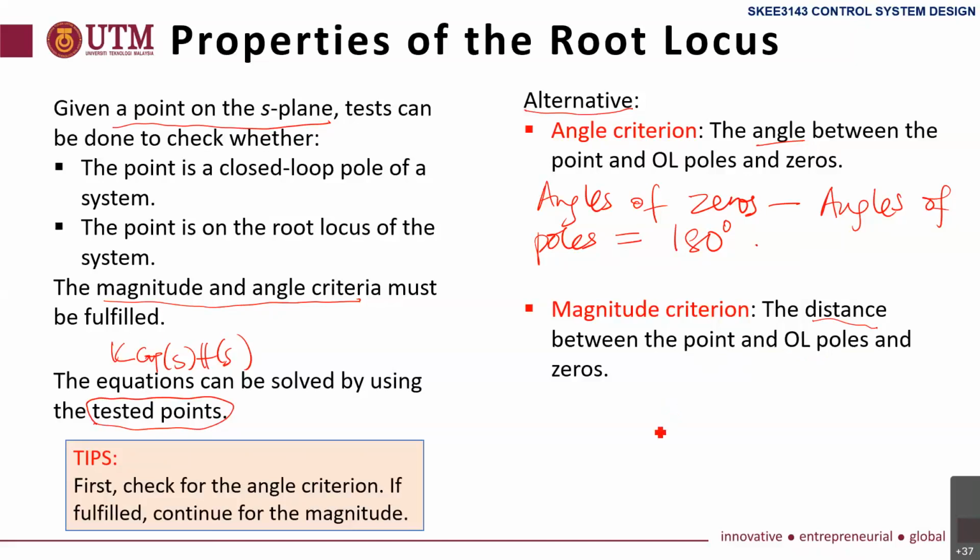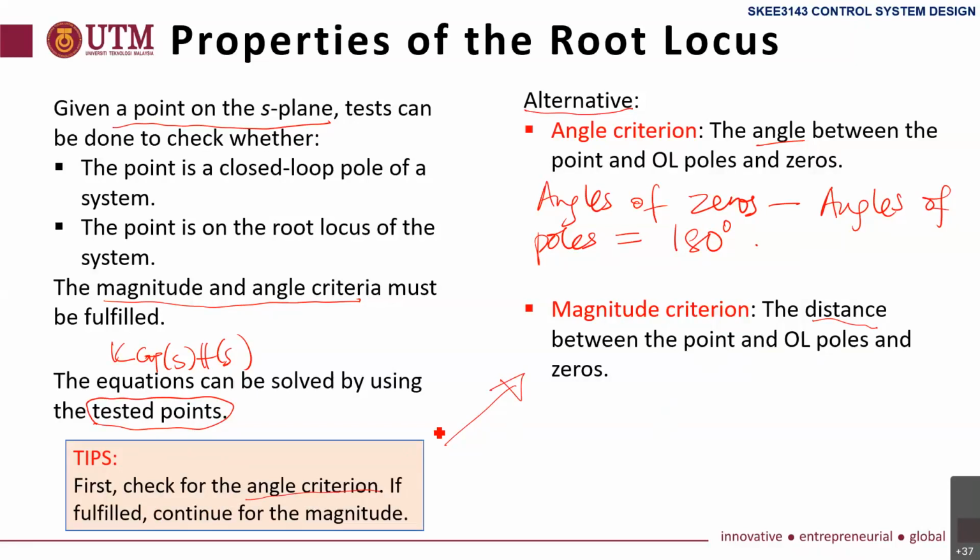In order to apply these alternative techniques, we first need to check for the angle criterion. Why do we start with the angle criterion? Because we do not have the value of K. If we solve for magnitude, then we need the value of K. So we start with the angle criterion.